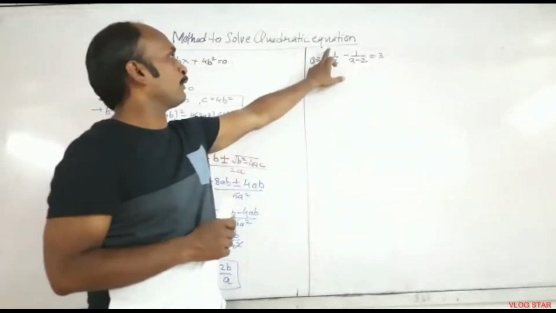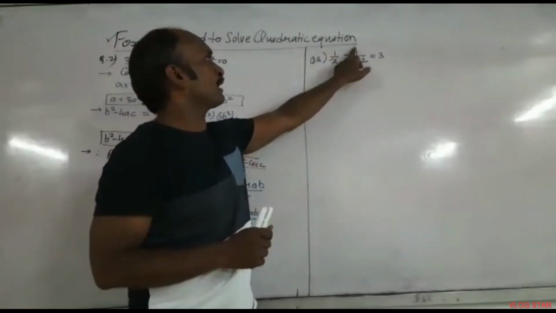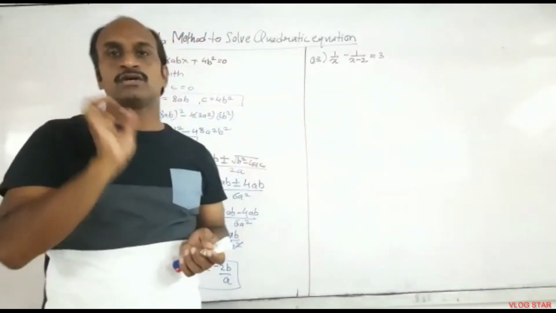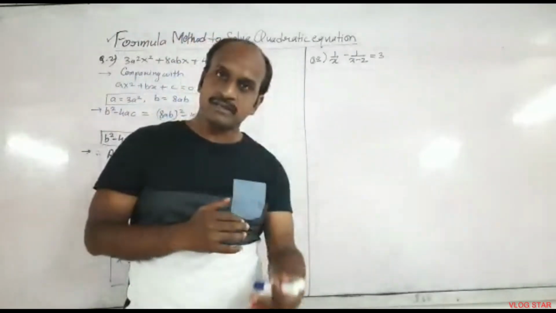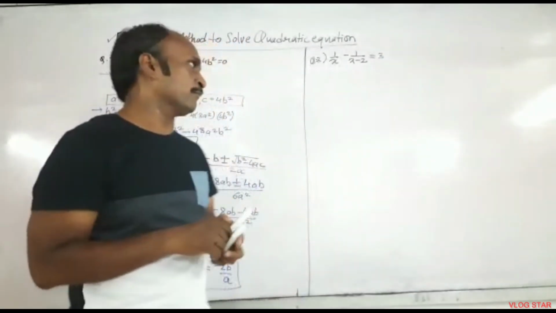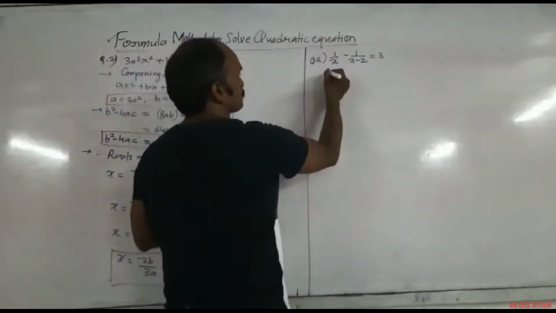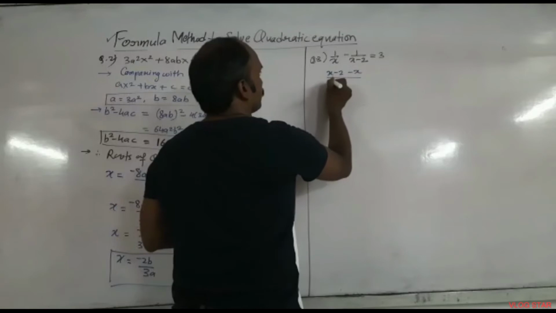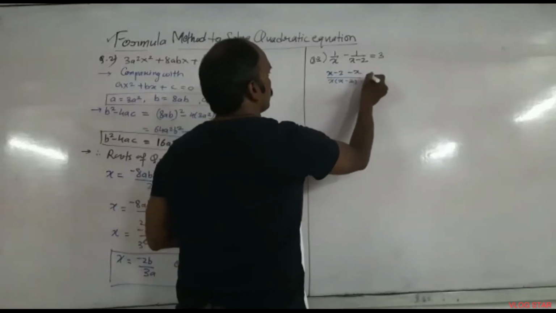1/x − 1/(x − 2) = 3. In such a case, you have to first transform the equation into the quadratic form. So what do you have to do? Cross multiply: (x − 2) − x into (x − 2) is equal to 3.